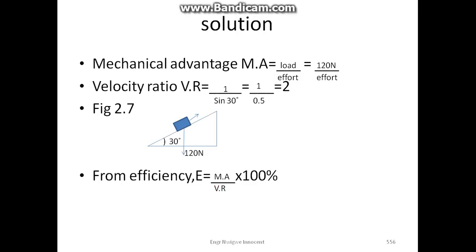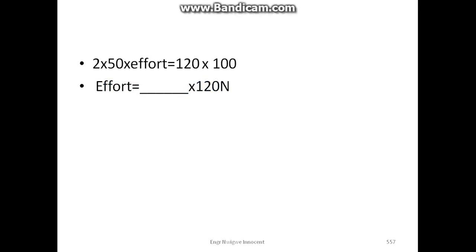That is, 50 over 100, the efficiency, is equal to 120 over effort times 1 over 2. By cross multiplying, we have 2 times 50 times effort is equal to 120 times 100. Making effort the subject of the formula, we have 120 times 100 all over 2 times 50, which gives us our effort to be 120 Newton.